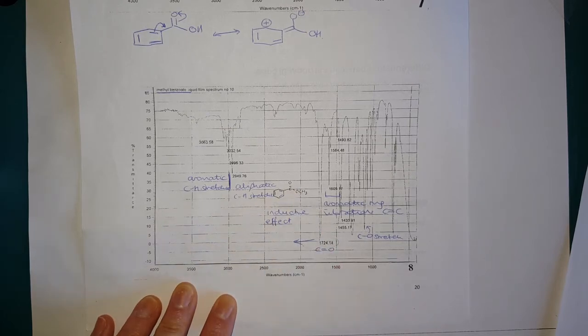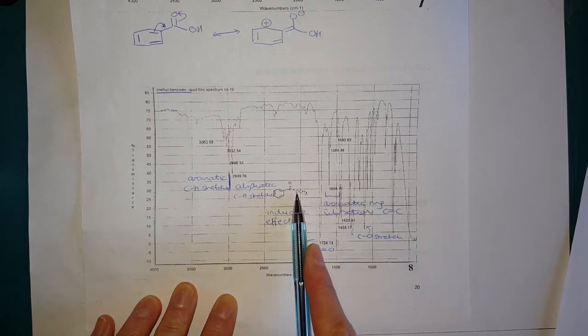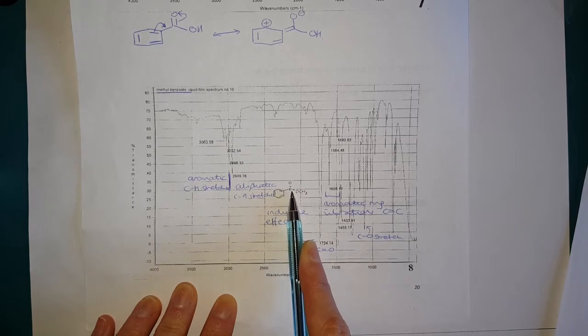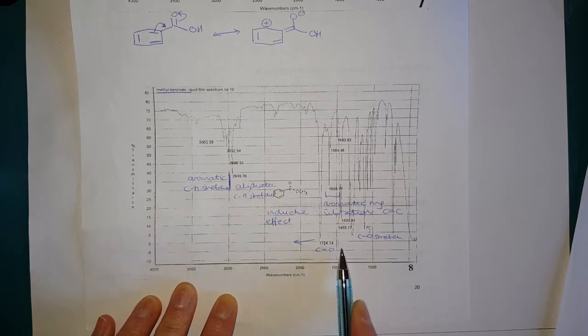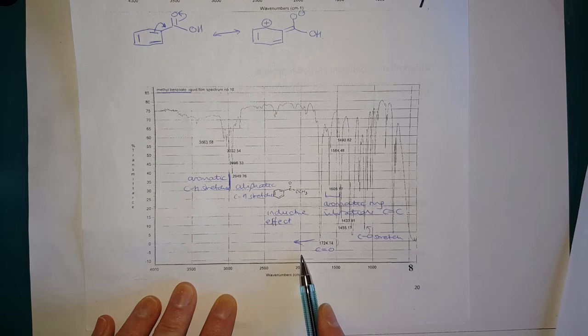We've also got to consider that we've got an ester here, so we've got the oxygen electron withdrawing group, drawing electrons away from the carbonyl. So we've got this slight increase in shift of our carbonyl peak, a slightly higher wave number than we'd expect for other carbonyls.